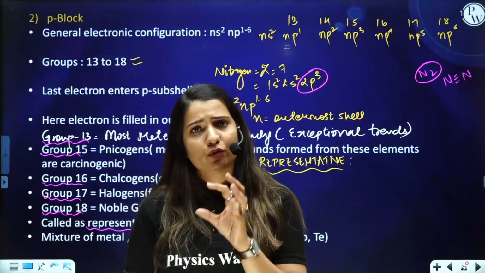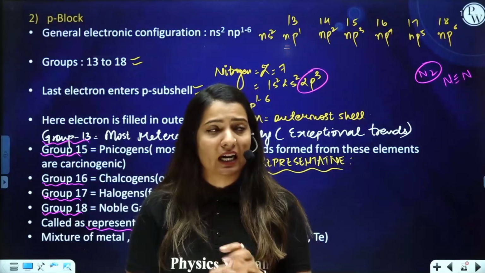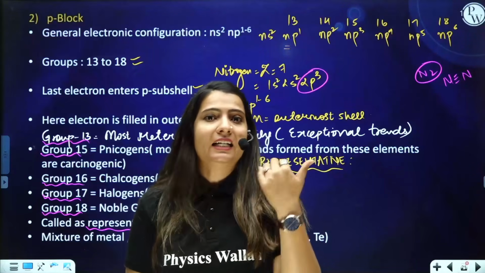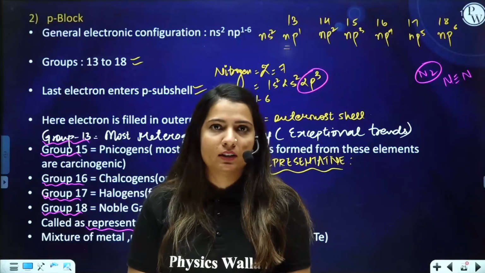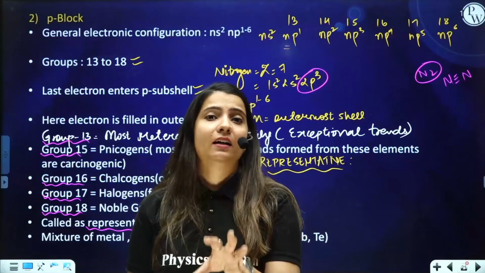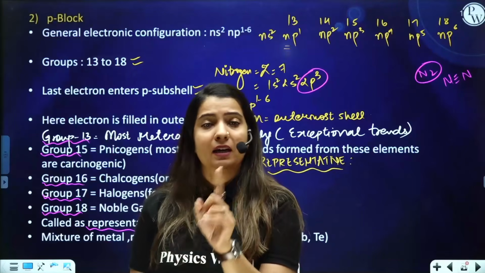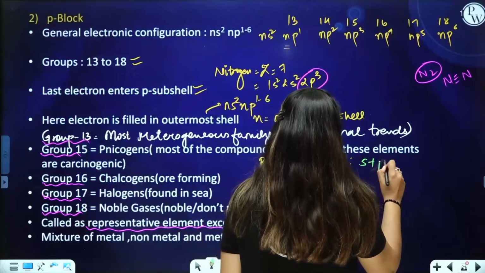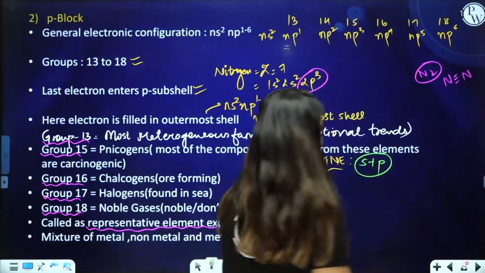The elements which form the maximum number of compounds are the s block elements and the p block elements. They represent the chemistry of most of the compounds. So s and p combinedly are called representative elements.